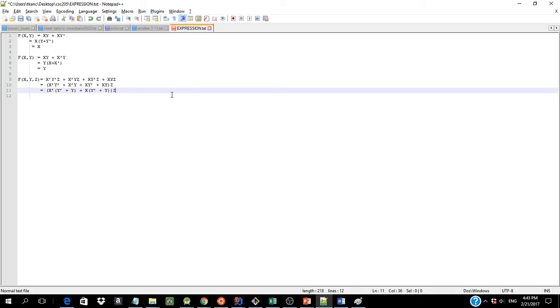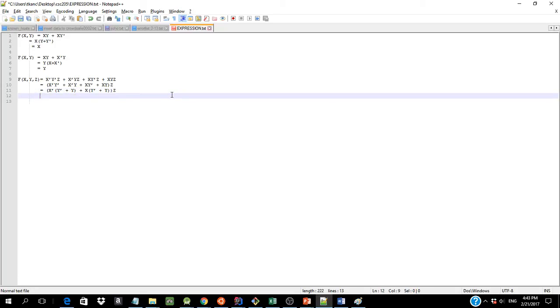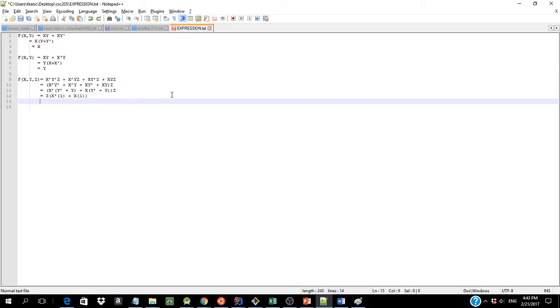That looks right. Now we know Y prime Y, what do you get? 1, right? Then we have X prime times 1 inside the parentheses. So let me bring Z in front then. Plus X times 1, which is going to get Z. Z, right? Because X prime plus X is 1. Easy.